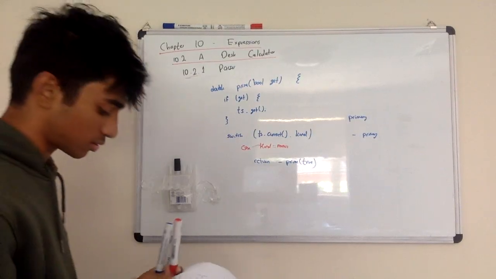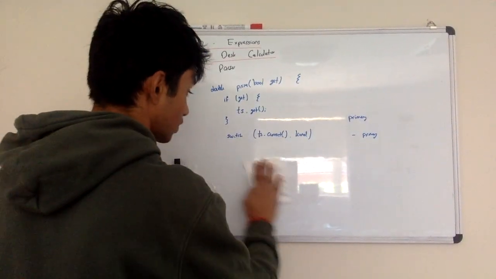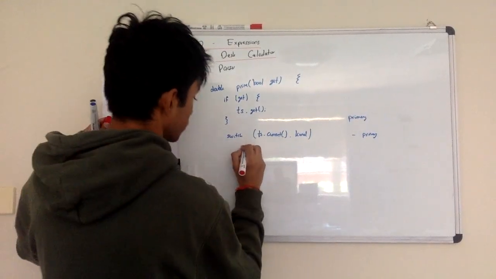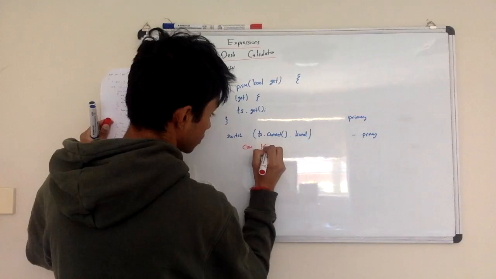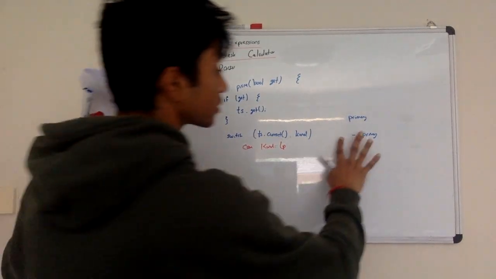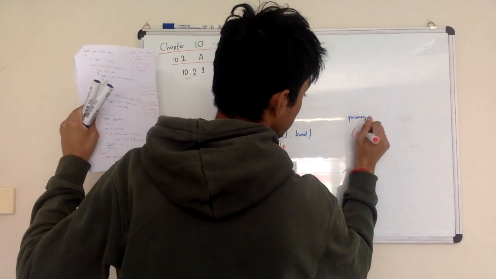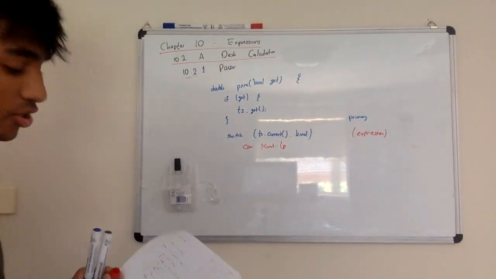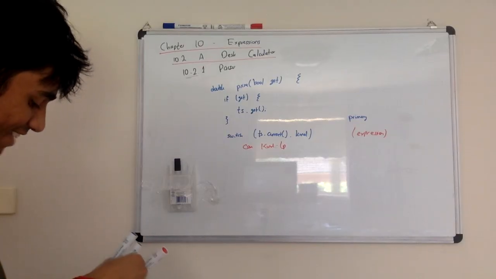And the last case is case kind LP. That is, we've hit this definition of a primary, right? An expression within brackets. So what does that mean?